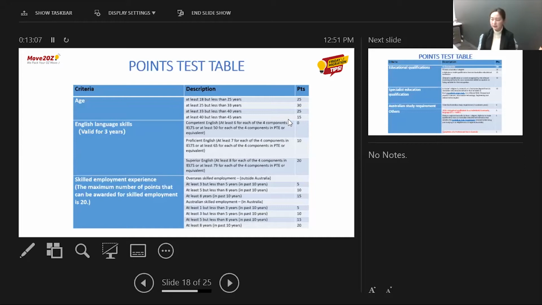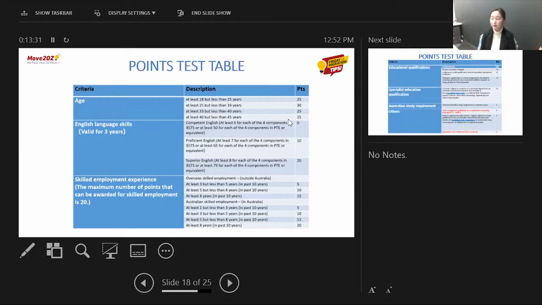The next one is work experience. For work experience, we calculate both Australian work experience and overseas work experience, but we only calculate highly relevant work experience. Let's say if you are working as a business analyst, then yes, your work experience can be calculated towards the skilled employment test.